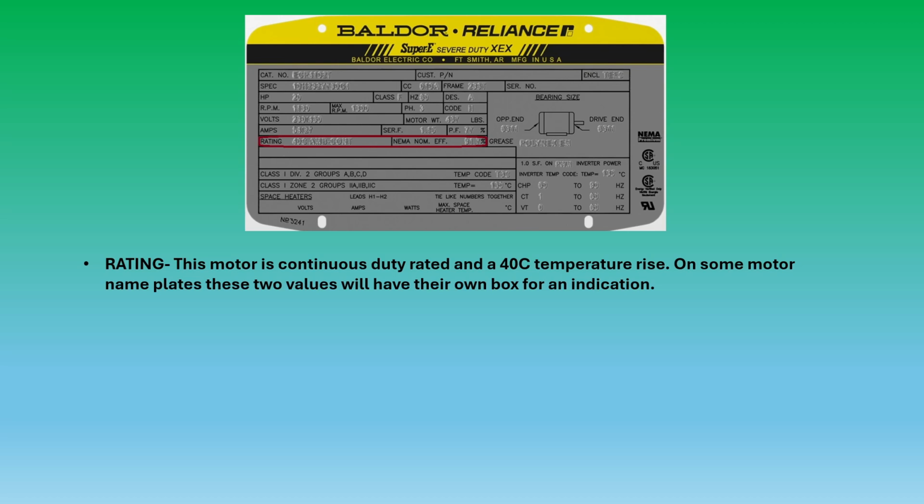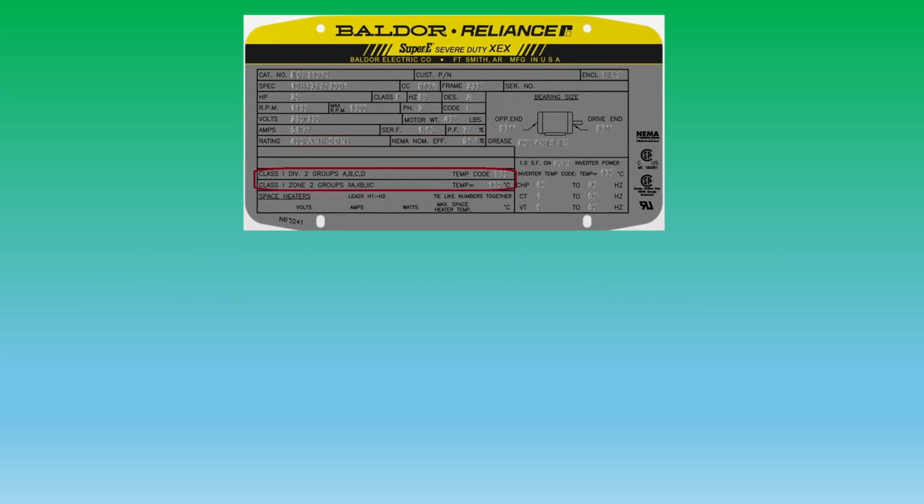And it's rated for 40-degree temperature rise over ambient. The NEMA nominal efficiency, this is simply the rated efficiency of the motor at full load. This is our output power divided by our input power.